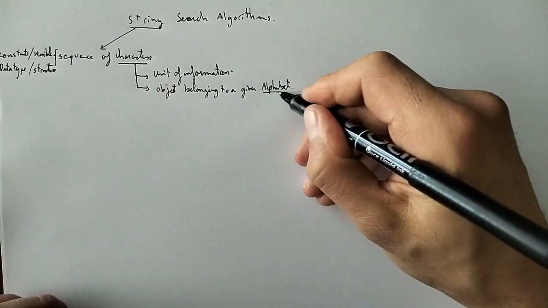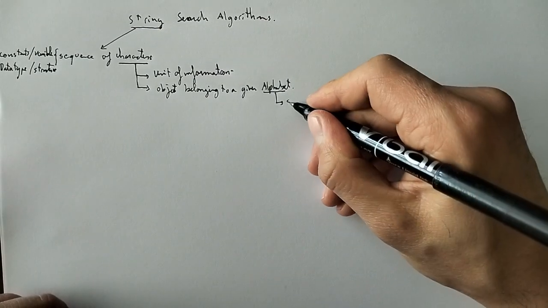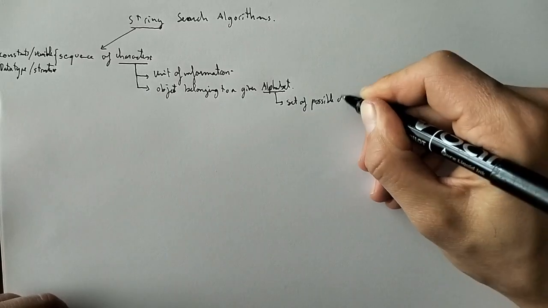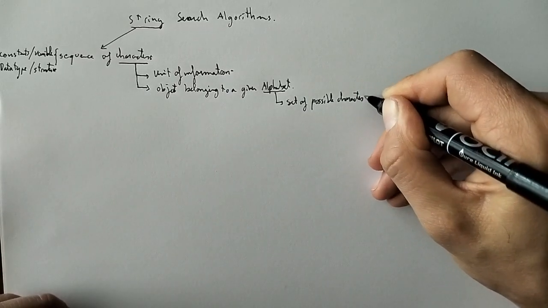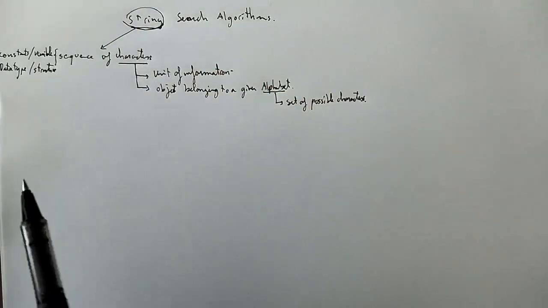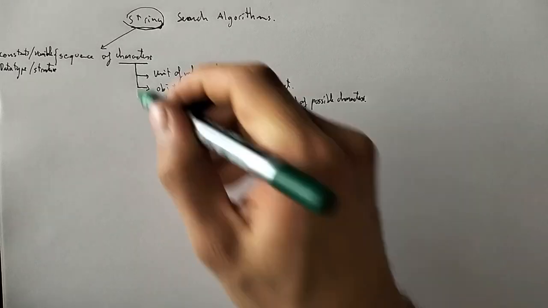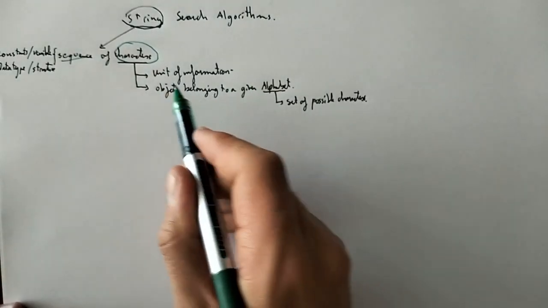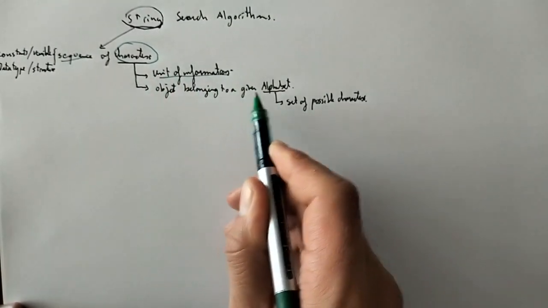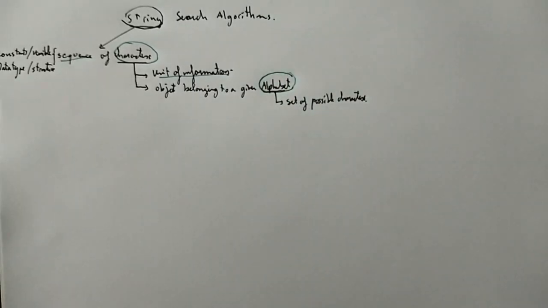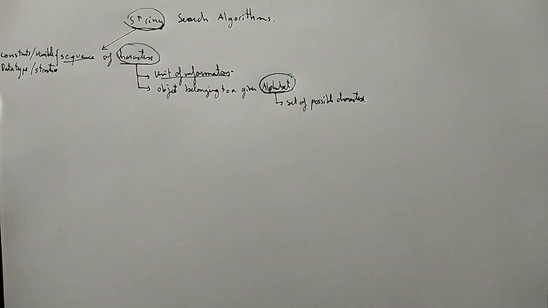And the alphabet in this case is simply the set of possible characters. So as you can see, the string will be defined as a sequence of characters. So the second element of importance is sequence and characters. And a character will be a unit of information and is mainly defined by the alphabet, which is the set of all possible characters that may exist.